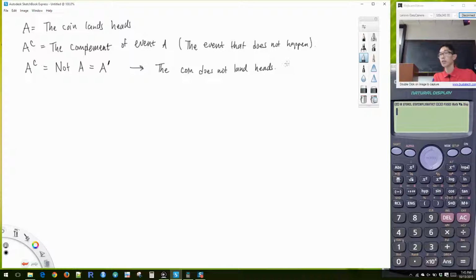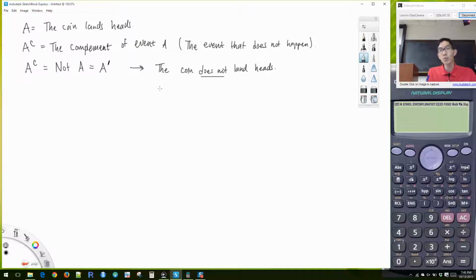So if A is the event that the coin lands heads, the complement of A is the coin does not land heads. Now we can simplify the world and say if the coin does not land heads, then the coin lands tails, but technically there are other things that could happen. The coin could land on its side, the coin could get eaten by an eagle midair. Anything could happen.